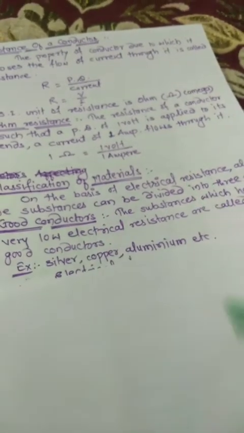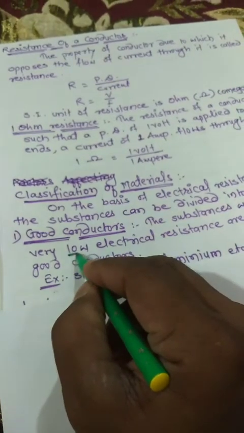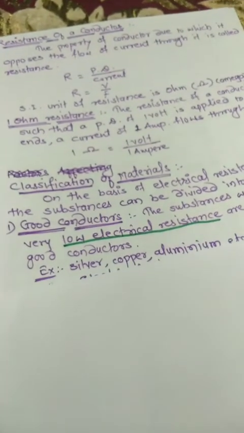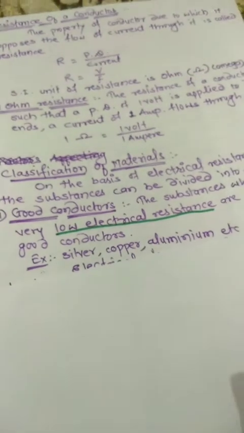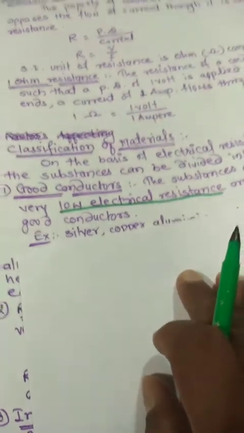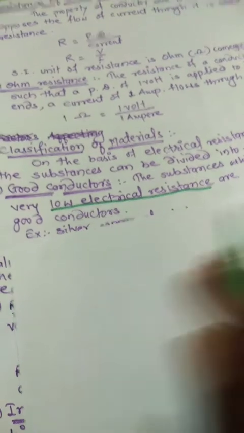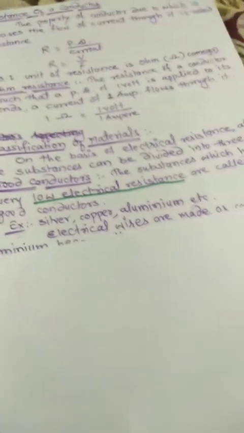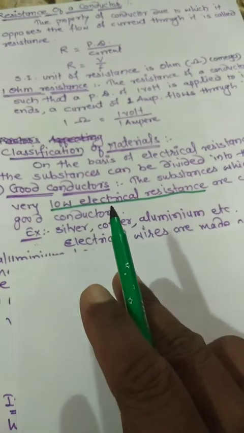Low electrical resistance means the current flows easily in the conductor, which means it is a good conductor of electricity. Examples are silver, copper, aluminum, etc. All these are good conductors of electricity.